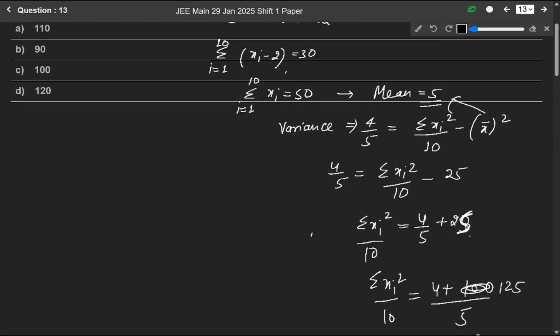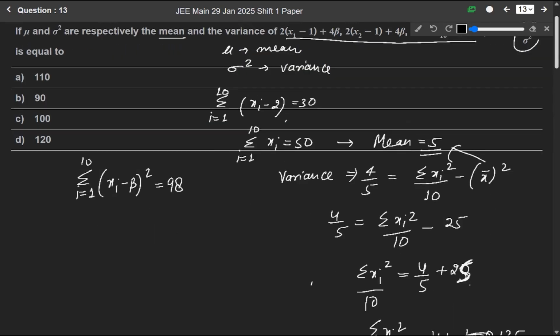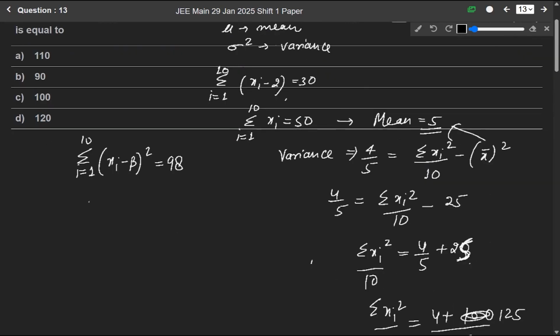Now in this question it is given that sum over i equals 1 to 10 of xi minus beta whole square is equal to 98. So when we open this square term, we get sum of xi square minus 2 beta sum of xi plus 10 beta square, since it will be a square plus b square minus 2ab.